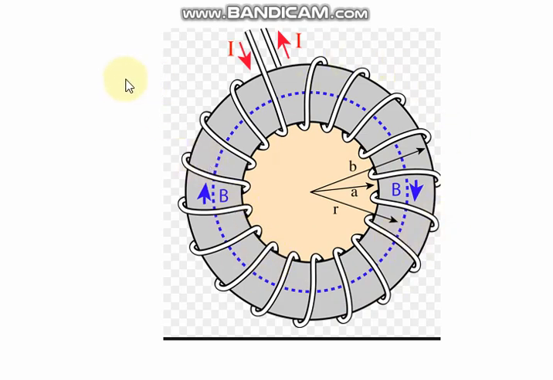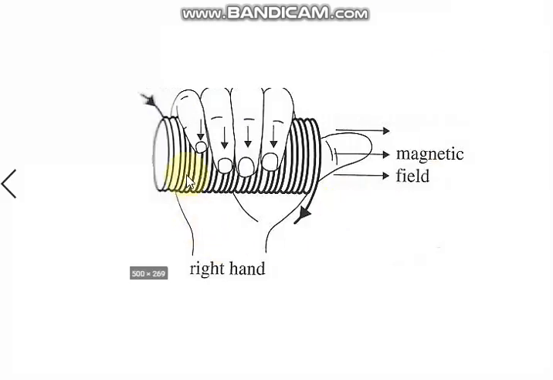Now when the solenoid was straight, that is, it was not in the form of a ring, then its field was in the form of straight lines. Now if you curl this in the form of a ring, then along with the solenoid, its field lines will also be twisted in the form of rings.